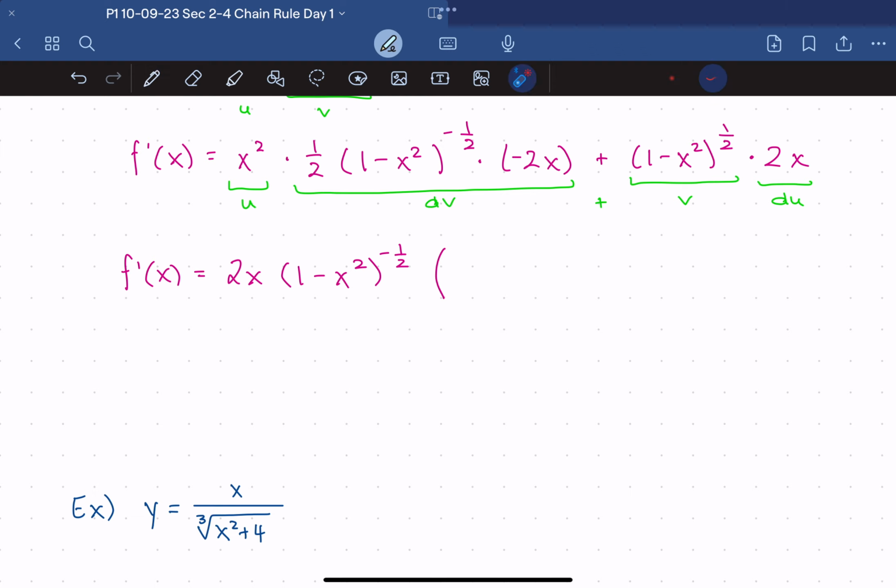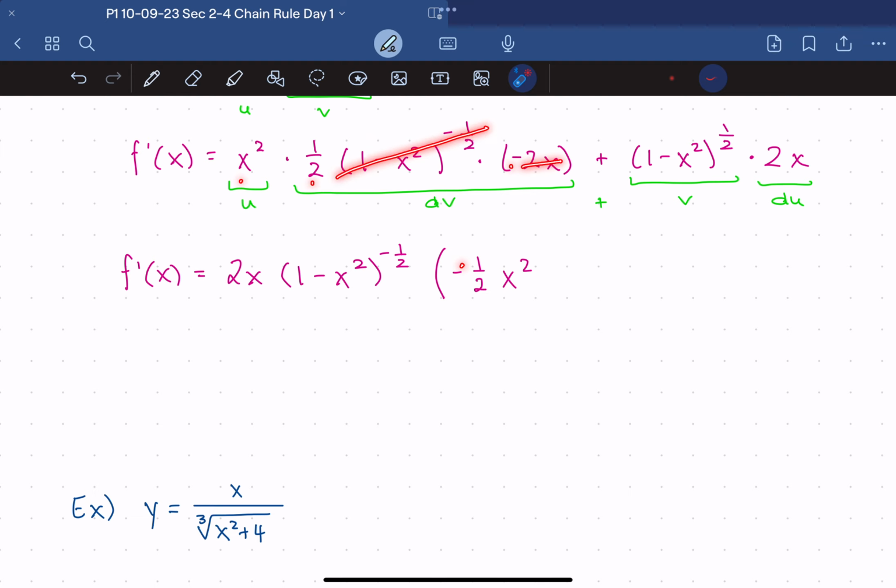Now, when I factor out from this term, the 2x is gone, but I still have the negative. The 1 minus x squared to the negative 1/2 is gone. So I'm going to have negative 1/2 x squared left. 2x is gone, but I had the negative. This is all gone.